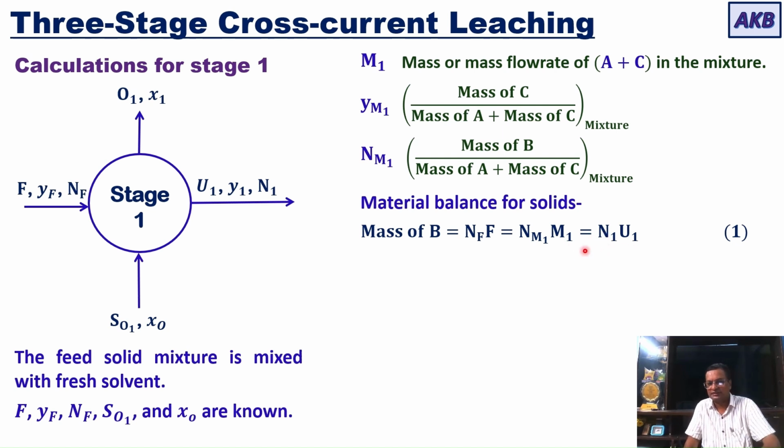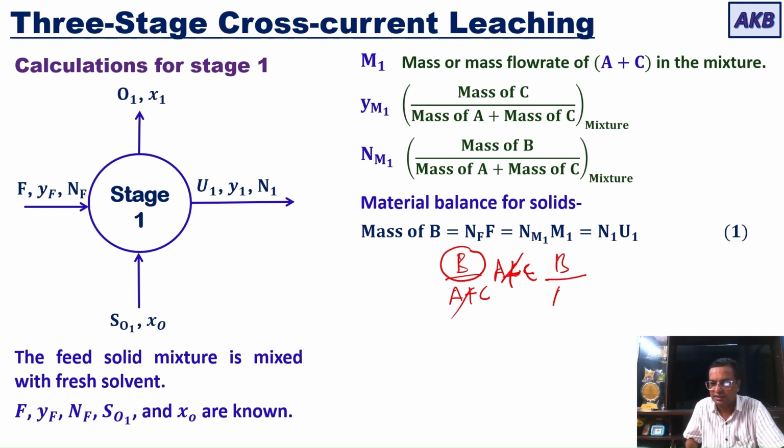I have discussed this in my last video, but let me shortly tell you. Now NF has units of B upon A plus C in the feed, and F is A plus C in the feed. So A plus C gets cancelled, you are left with B. Then NM1 into M1, NM1 is B upon A plus C in the mixture, M1 is A plus C in the mixture.